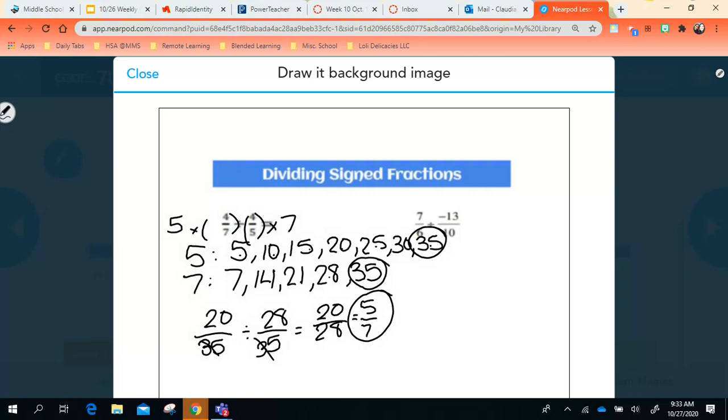Remember, if you can't read it up there, it's on your computer. Use your resources. Use your counting by number sheet.